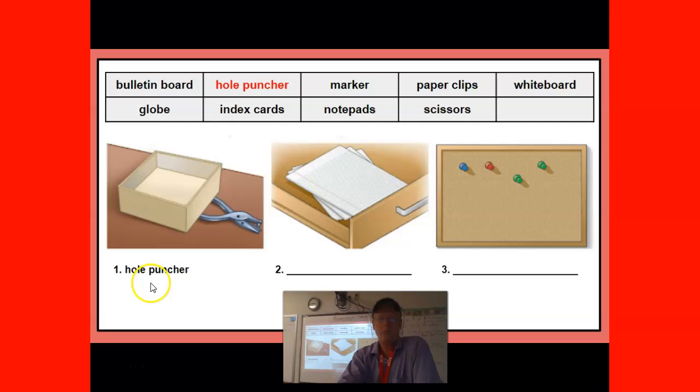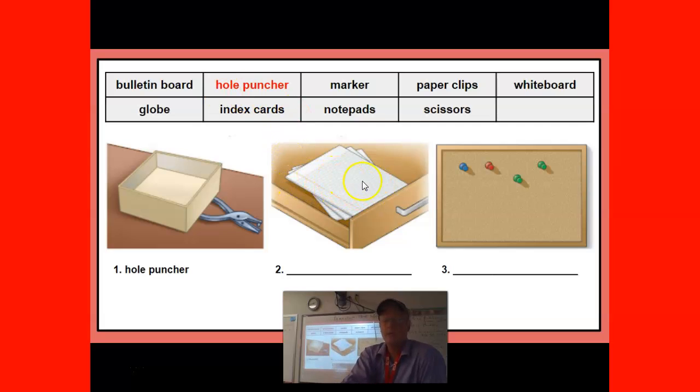We call it a hole puncher. The reason we call it that, if you look at a piece of paper, it's got 3 holes. So we use a hole puncher to make holes. That's a hole puncher.